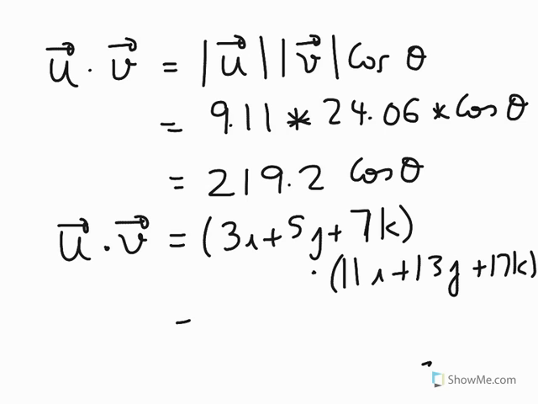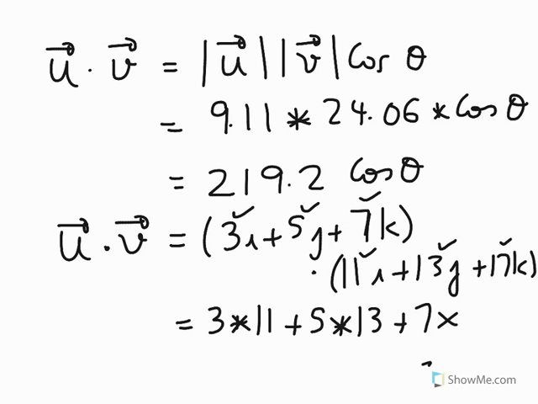That is simply multiplying this component with this corresponding component, the 5 component with the 13 component, and the 7 with the 17. So I'm going to get 3 times 11 plus 5 times 13 plus 7 times 17, and that number turns out to be equal to 217.